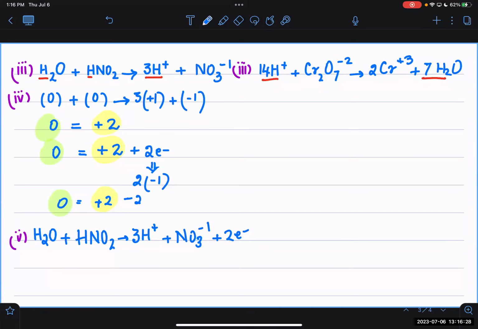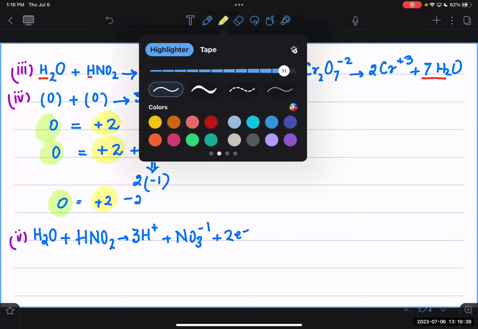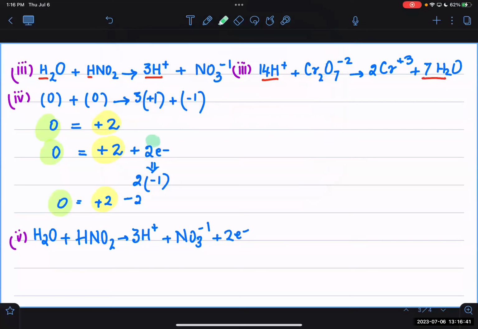Clear? Got it? So I copied the whole thing: 3 hydrogens, nitrate, and 2 electrons. So these 2 electrons were added. These ones right here.